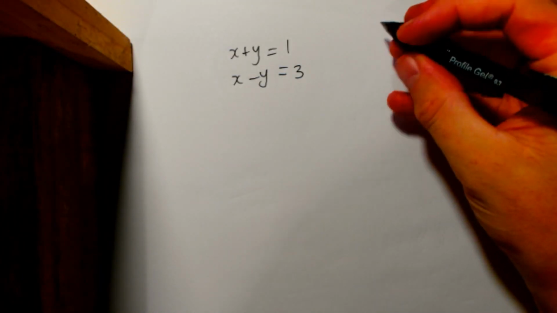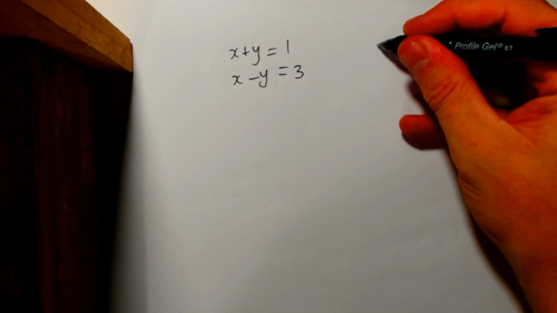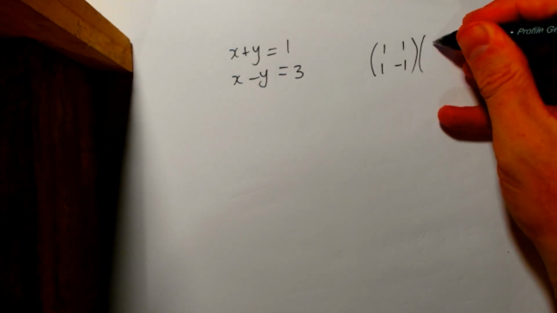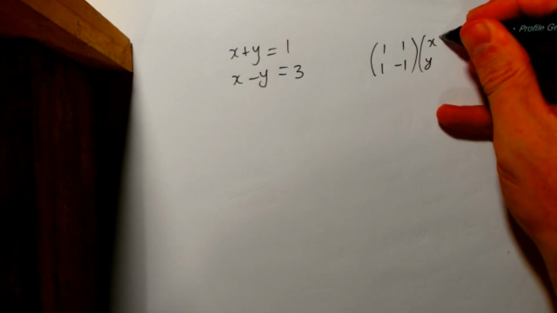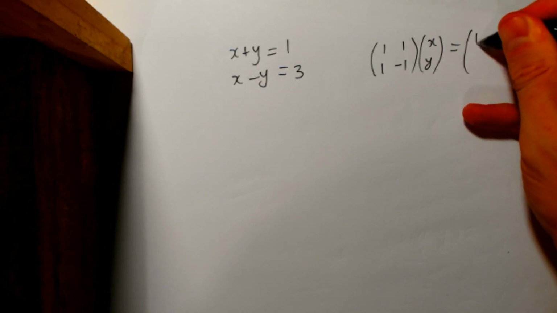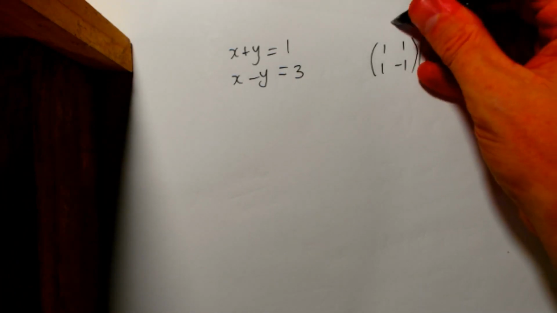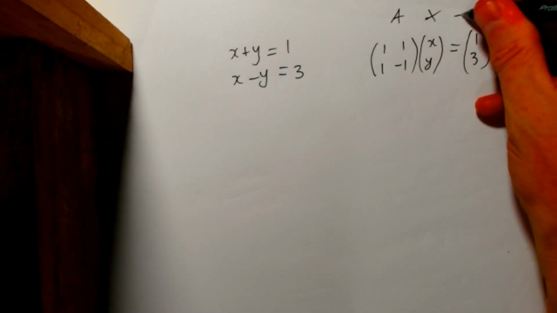Okay, so let's have a look at the corresponding matrix equation. So this would be 1, 1, 1 minus 1 multiplied by xy equals 1, 3. And so the matrix, so this is A, this is X, and this is C.